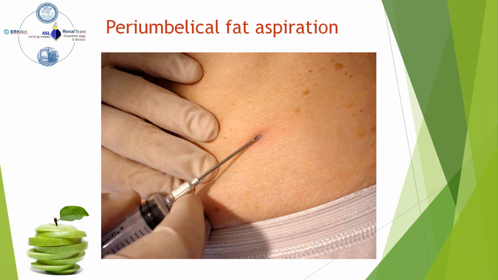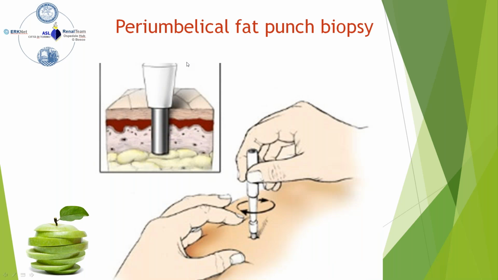The easiest form of biopsy is the so-called periumbilical fat aspiration, but even better, you can perform a periumbilical fat punch biopsy that allows you to take more fat tissue and moreover allows you to take also some dermal connective tissue that contains many blood vessels in whose wall you can observe the presence of amyloid deposits.